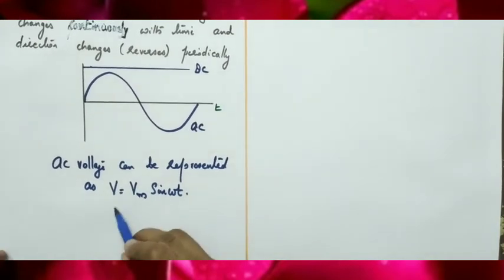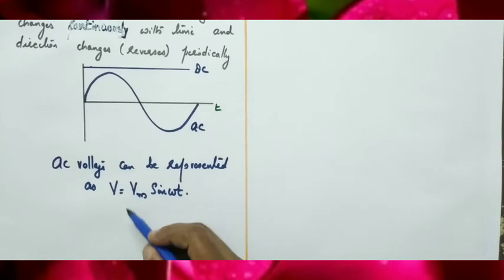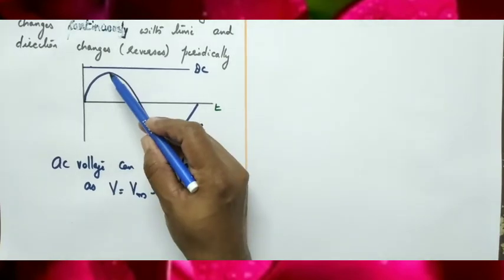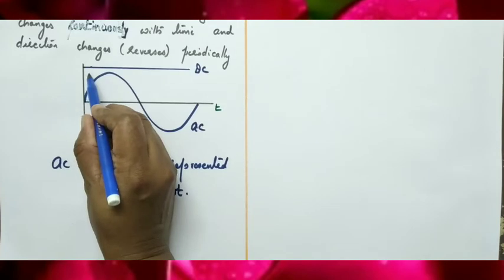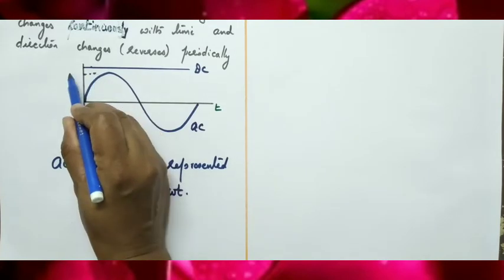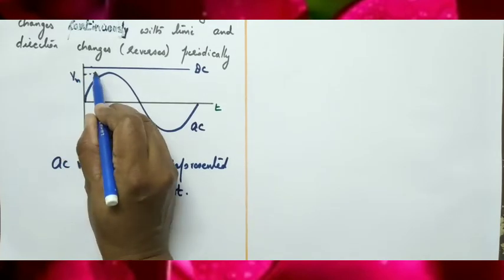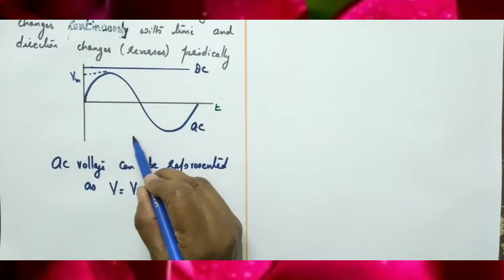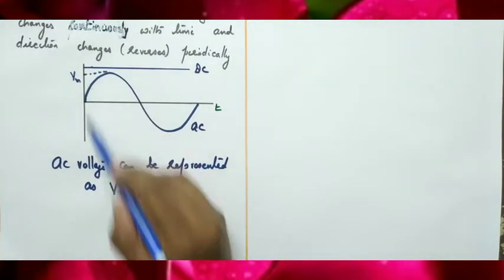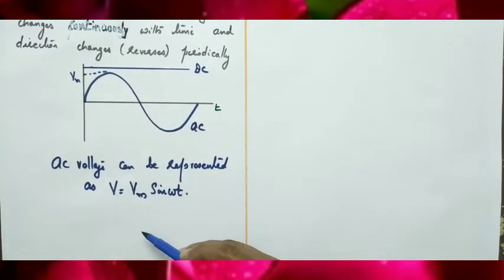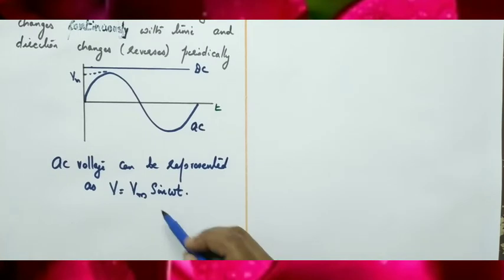V represents the AC voltage, Vm represents the peak value or the maximum value. Here this is the peak value, which is represented by Vm. Here it is minus Vm. So this represents the maximum value or the peak value, or it is also called the amplitude. Now omega t, what is this omega t called?